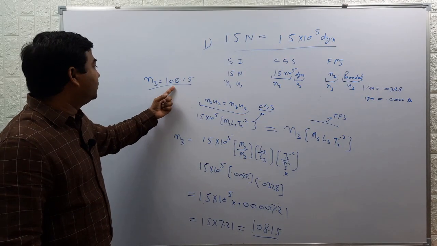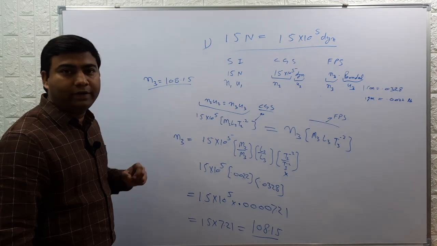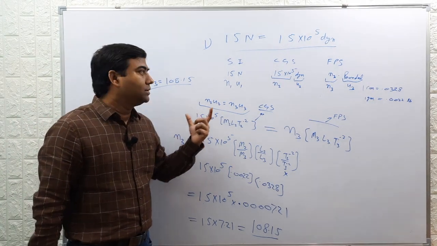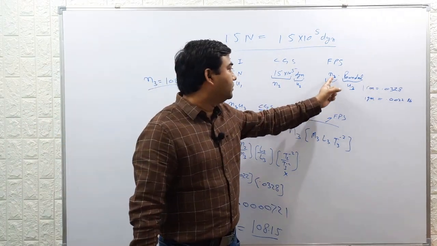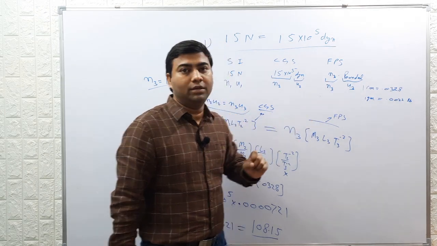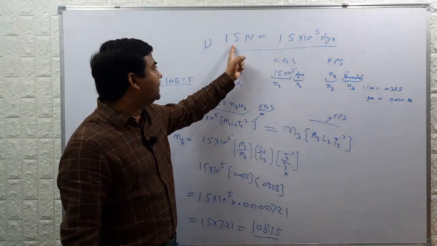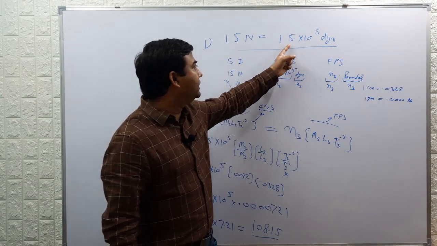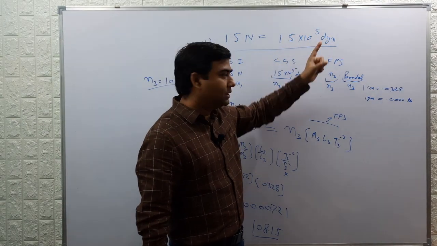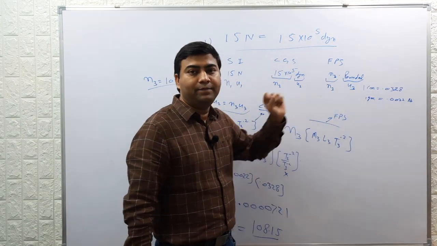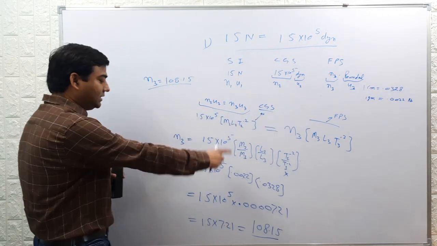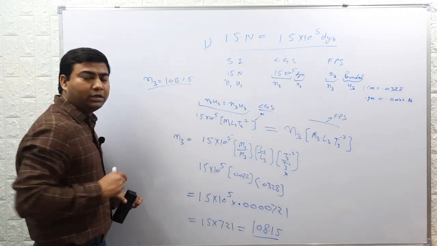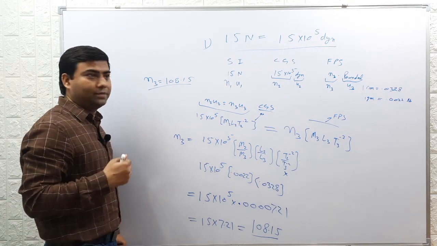That is, N3 is the numerical value in poundal. The numerical value of 15 Newton or 15 into 10 to power 5 dyne in poundal, that is in FPS system. So N3 we have calculated as 108.15 poundal.